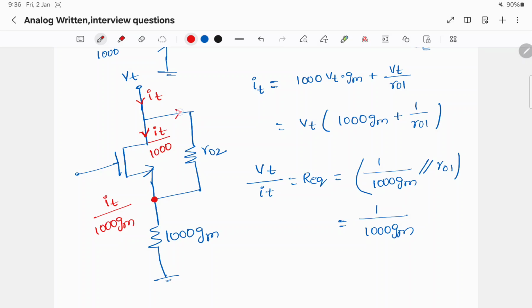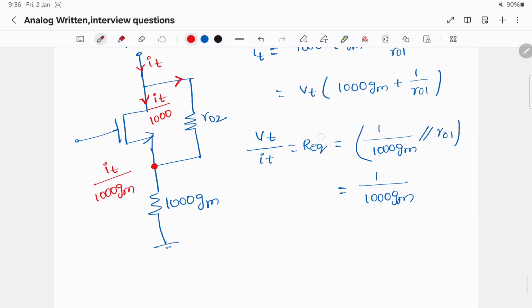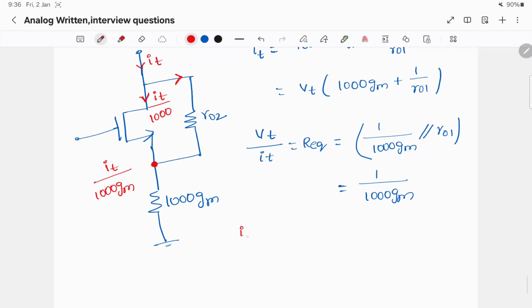The current flowing here in RO2 is IT plus IT by 1000, that is IT times 1001 by 1000, which is approximately IT.